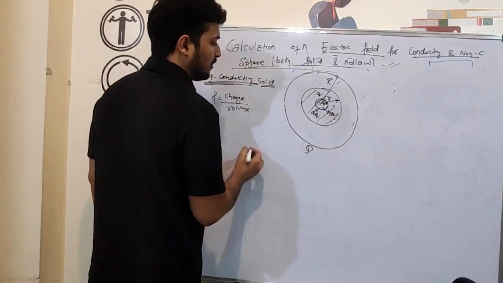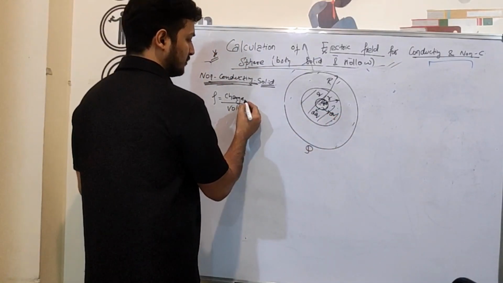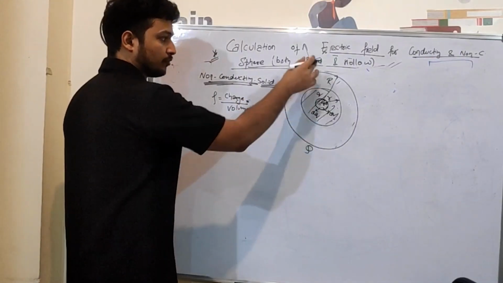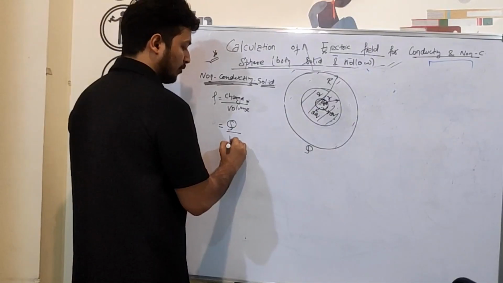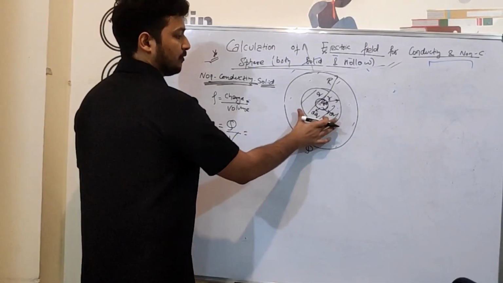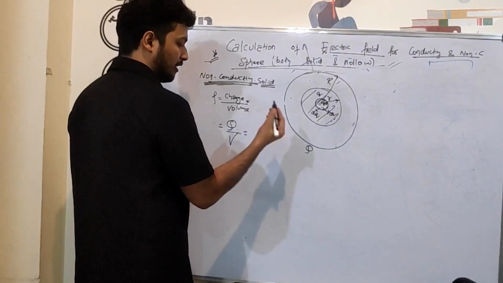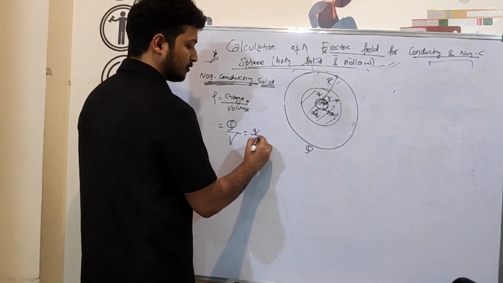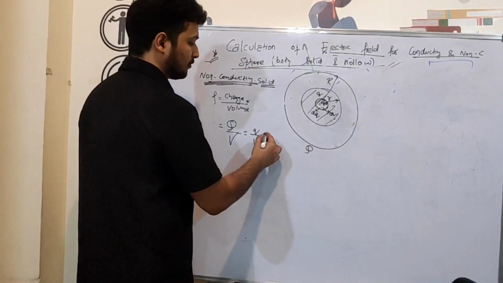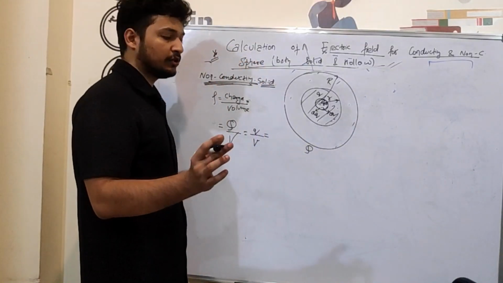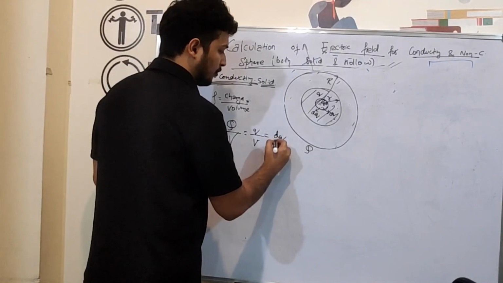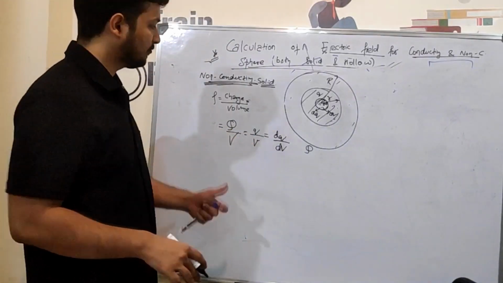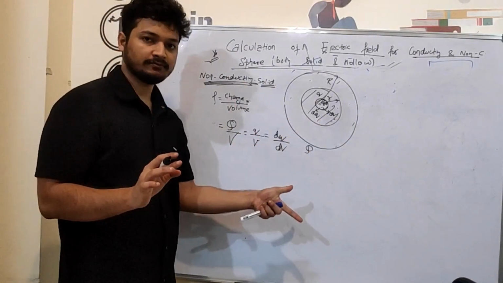That means if I have the same charge density, the value of total charge for the whole sphere divided by the volume of the whole sphere, or of this sphere of radius r, will be the small charge q divided by the small volume V. Even for an infinitesimally small sphere, the ratio of charge to volume is going to be the same for all three.